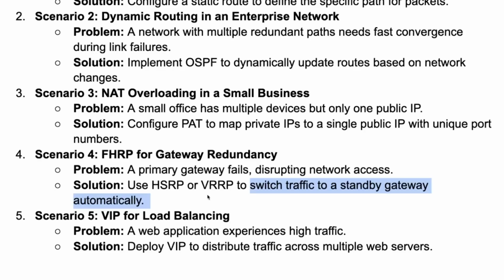There's that initial primary gateway, that primary router, and then there's a backup router just in case something like this actually happens. So the primary gateway fails and it disrupts network access, and you would use one of these protocols so that you can switch the traffic automatically to a standby gateway and make sure that you can still process your traffic and have incoming and outgoing traffic.